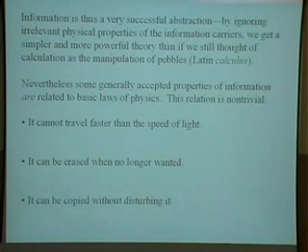But there are some physical properties of information which are still present. Everyone knows that you cannot send information faster than the speed of light, and if you don't like some information, you can erase it when you no longer want it, and you can copy information without disturbing it.